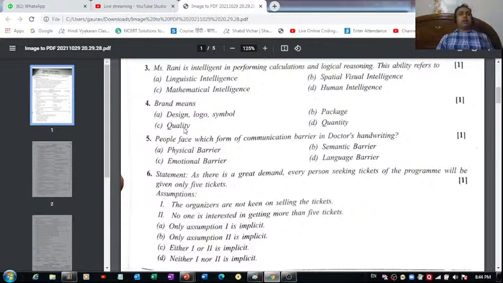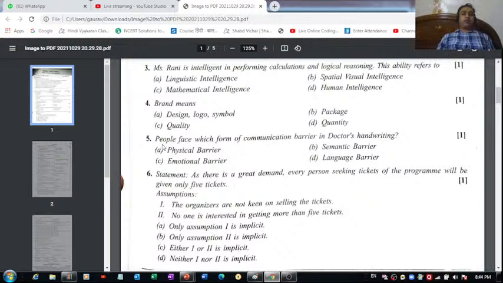Similarly, if we talk about mobile sims, then Jio is again a brand name. If we talk about internet connections, then Airtel is a brand name. What makes a thing a brand? The quality of services which it provides. So the correct answer of question number 4 is part C, which is quality.